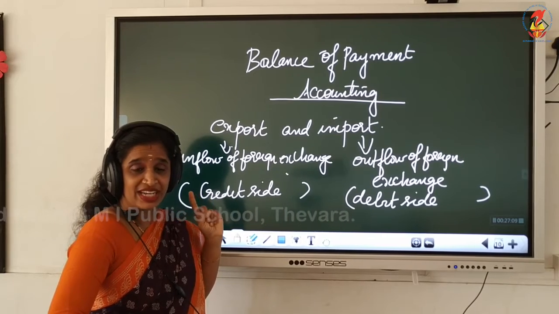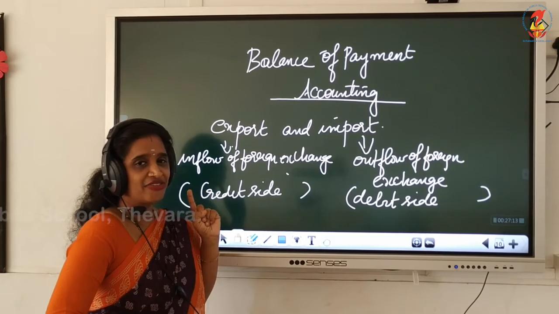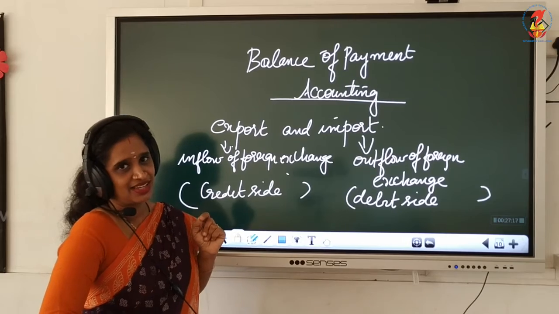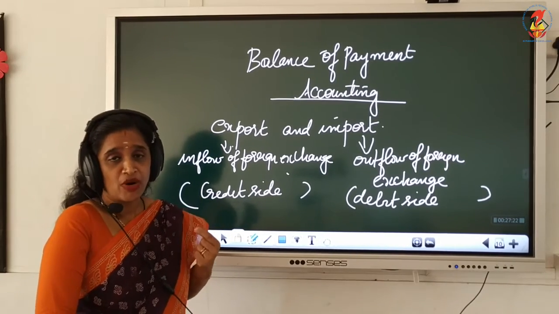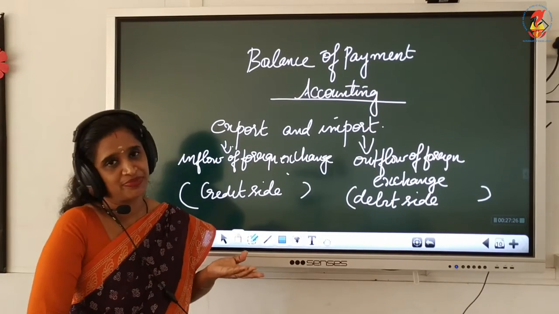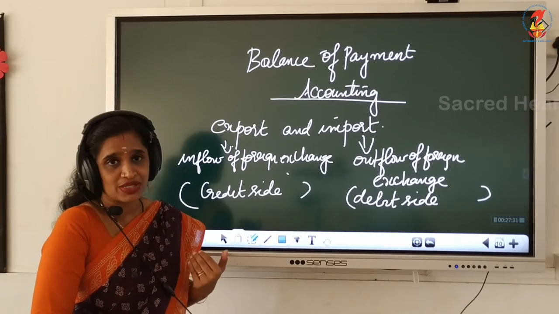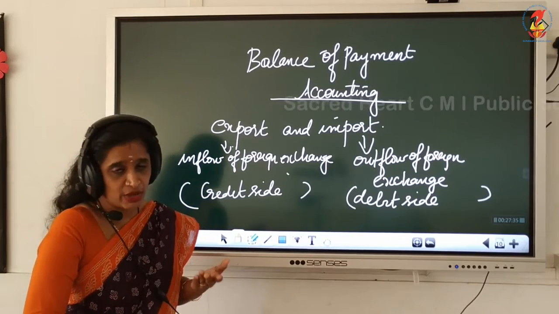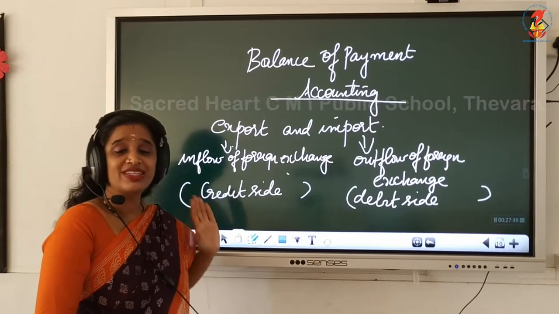I told you each and every government of each and every country will maintain a financial statement of all the economic transactions taking place. Even at home, the amount of money which is coming to us and the amount of money which is moving out from us, we will have a proper record of all these things. The amount which comes to us will be credited. The amount of money which moves out will be debited. Likewise, government also has a systematic record of all the transactions.